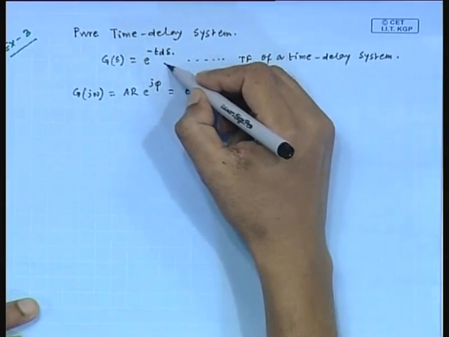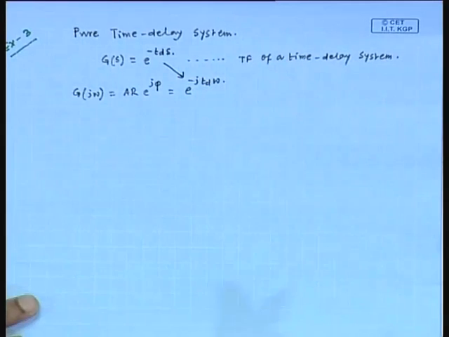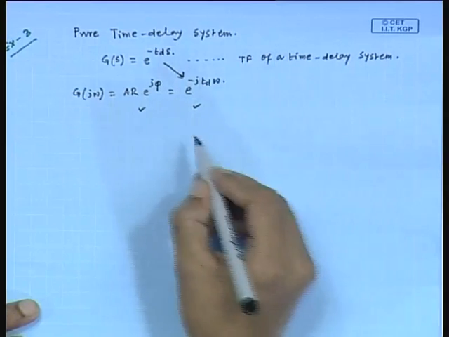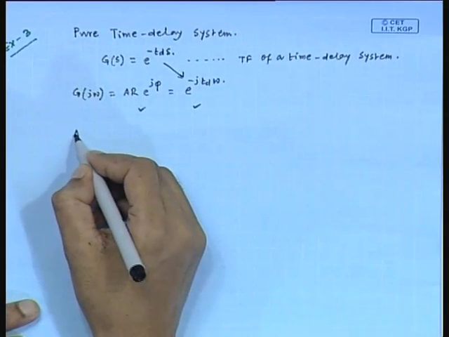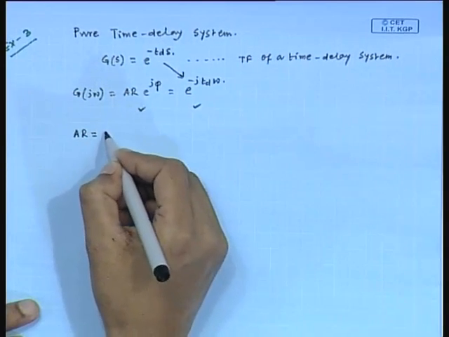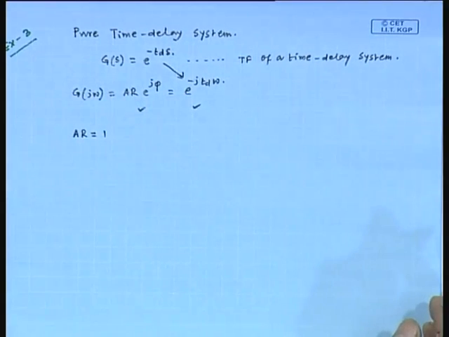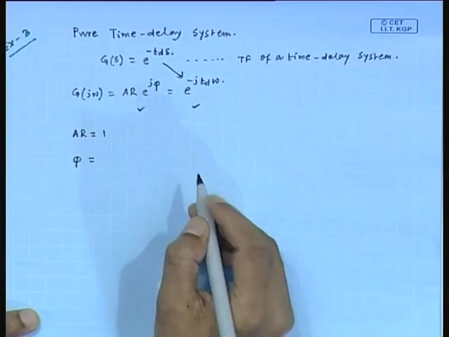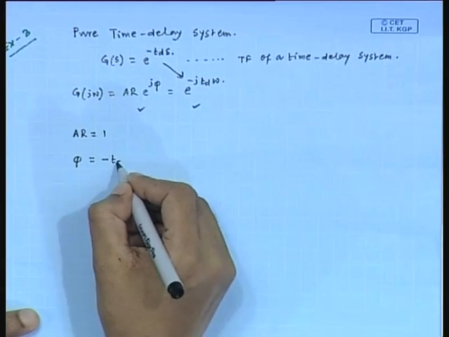We can write this by this. Now, if we compare this and this, then we obtain amplitude ratio equals 1 and phi equals minus T_D omega.